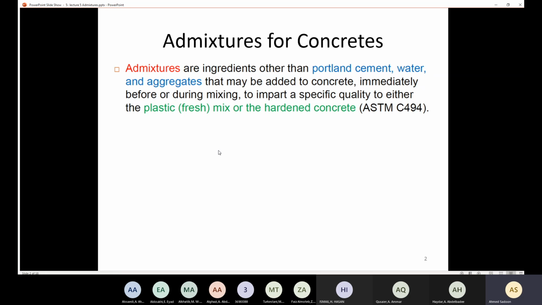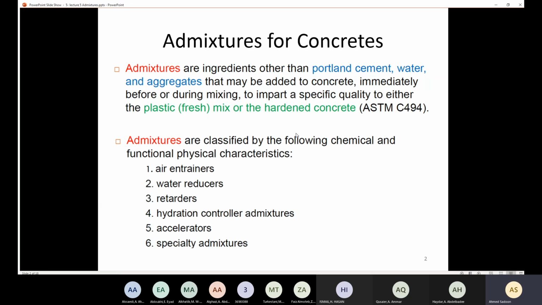Plastic mix means the concrete is still fresh, while hardened concrete means the concrete is in solid state. So we add admixtures in order to improve qualities, whether the concrete is still in plastic state or solid state.